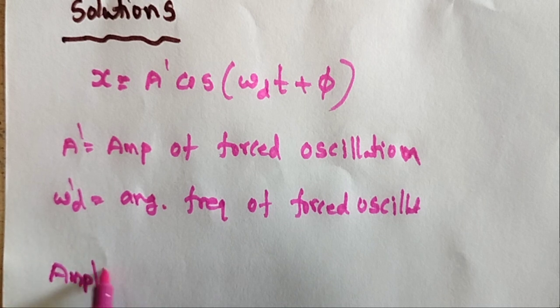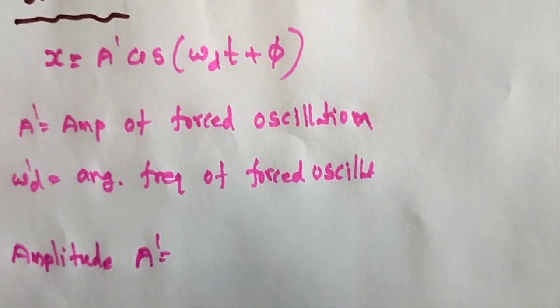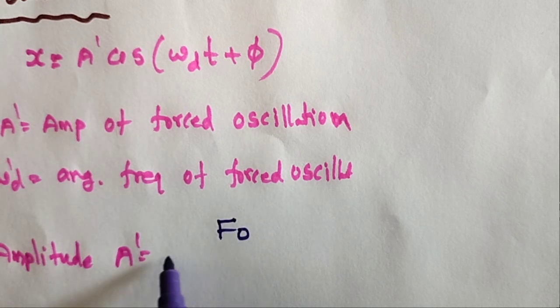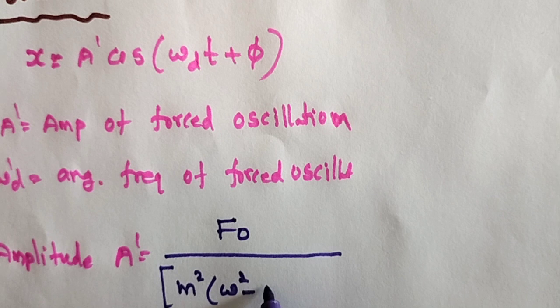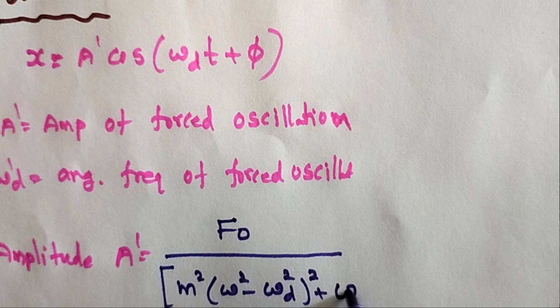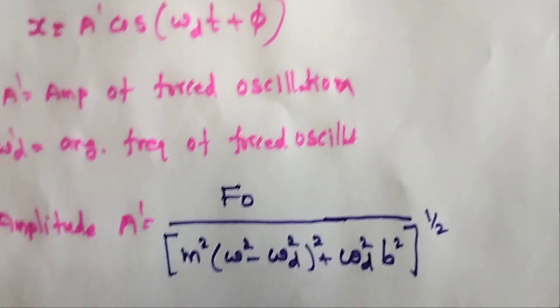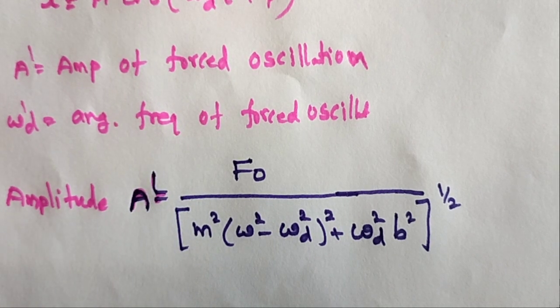The amplitude A dash is equal to, here I am taking the direct formula, F naught by bracket start m square omega square minus omega square d whole square plus omega square d b square whole power 1 by 2. So this is the amplitude of the forced oscillations.